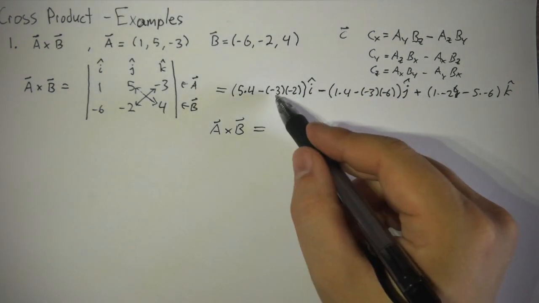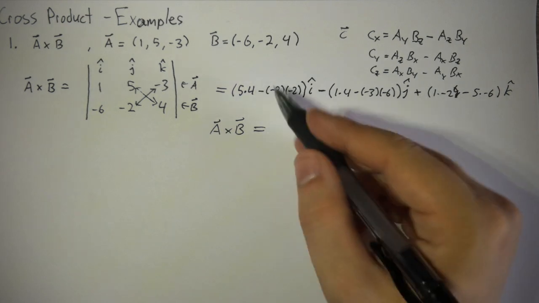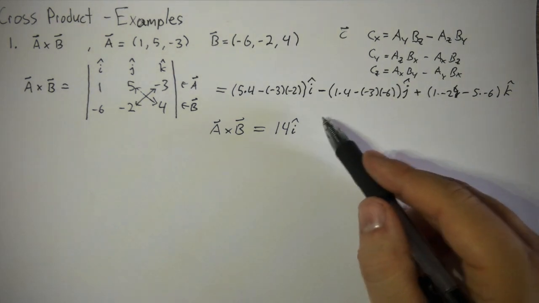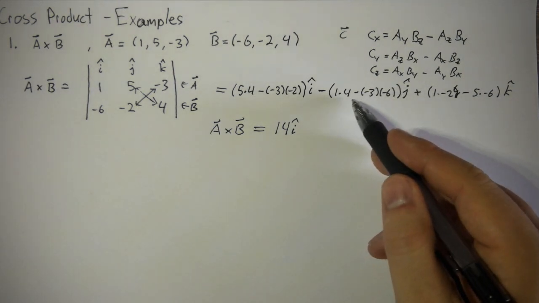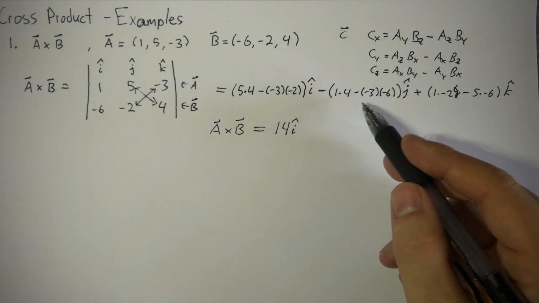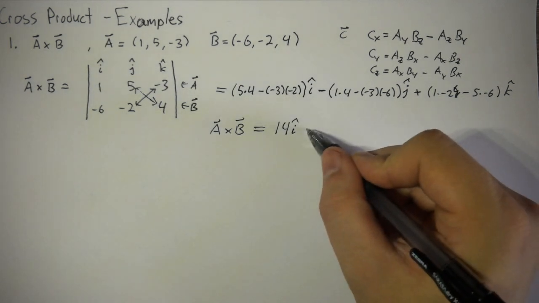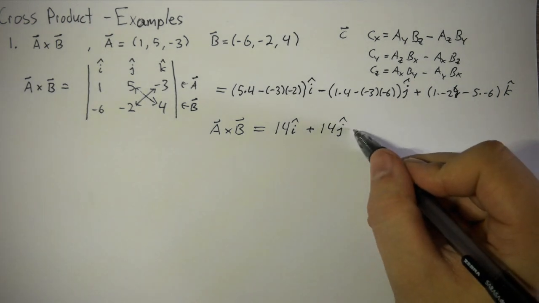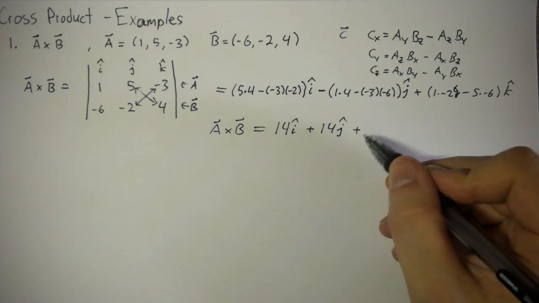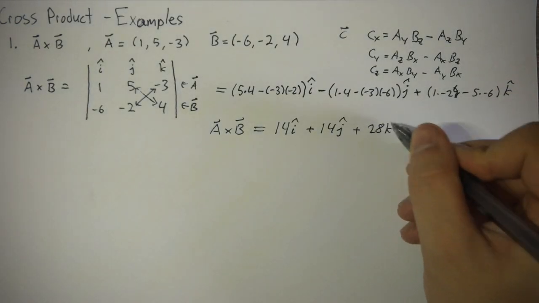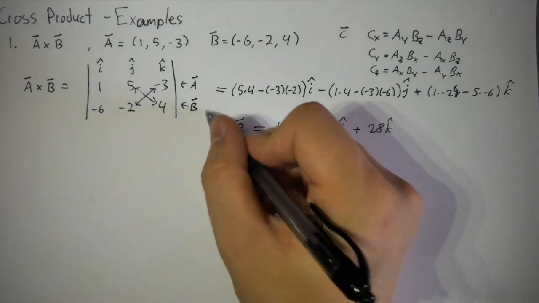This is 20 minus, these two cancel out, so this positive 6. 20 minus 6 is 14, minus, let's see, 4 minus 18, but that's positive. So it's 14J. And then this will be plus 28K. And that's your final answer.